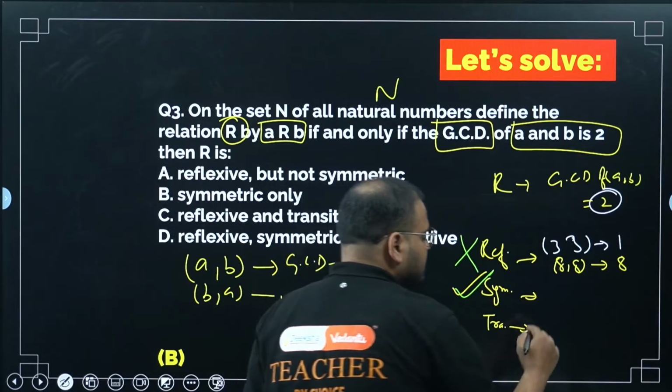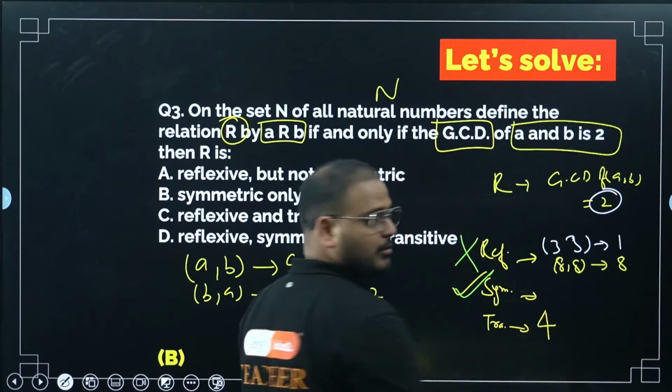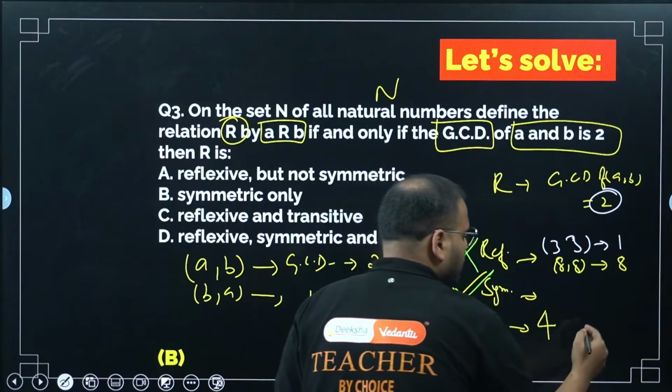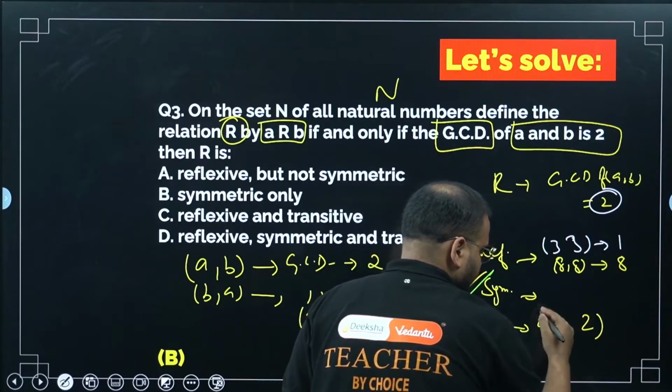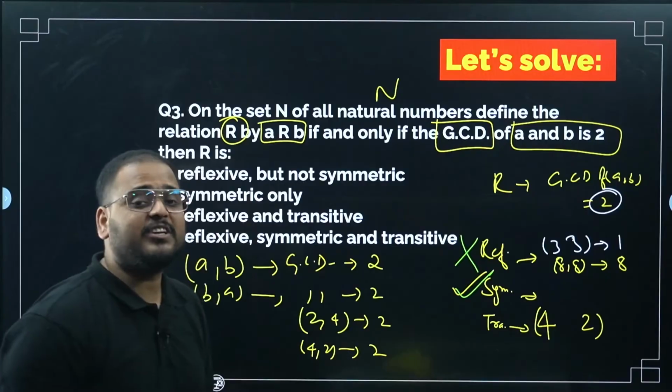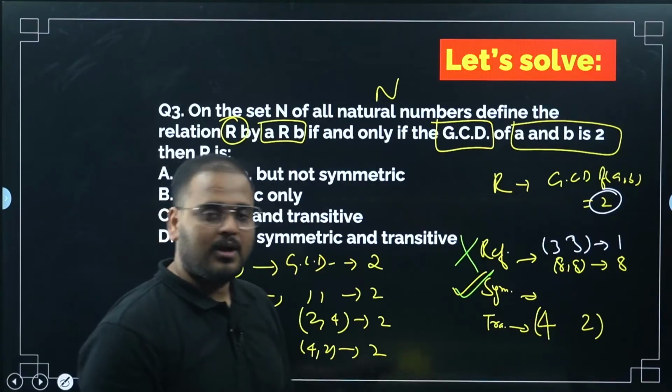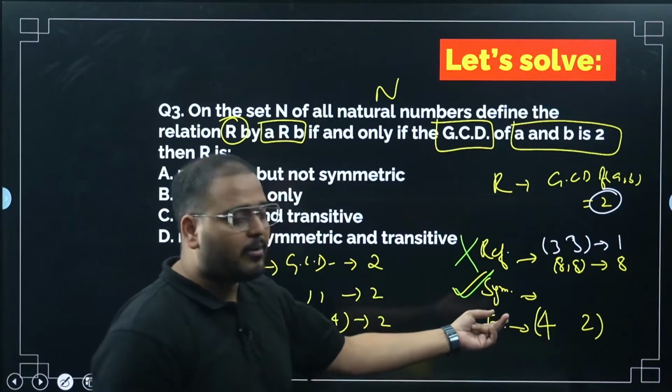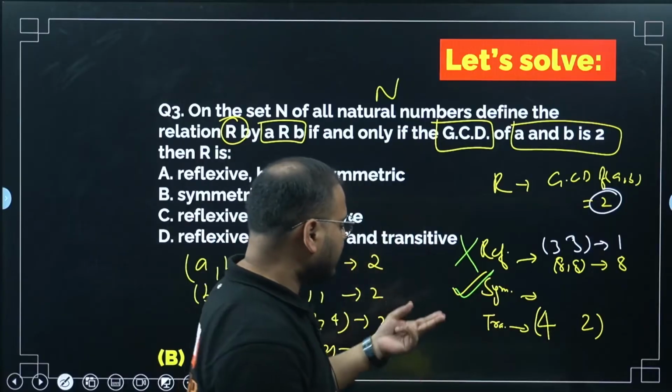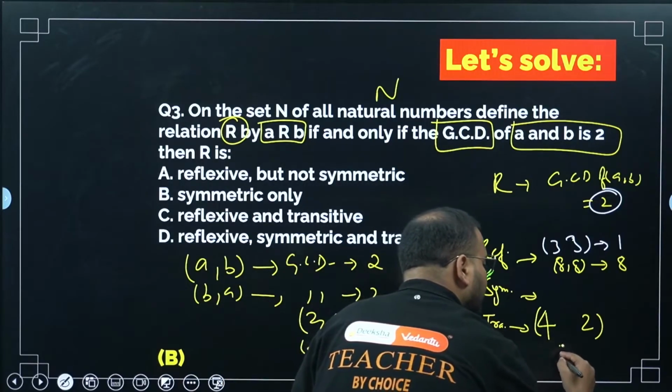I can take it as 4 comma 2. What is the GCD of 4 comma 2? 2. The highest common factor of 4 comma 2 is 2. Okay. Take another one: 2 comma 8.